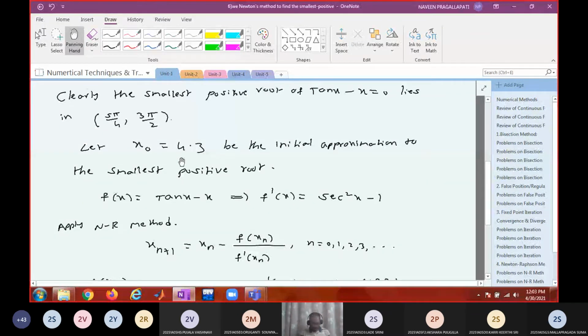What about 4.5? 4.4? What is tan 4.4? Sir, if we take 4.4, the value for f of x is minus 1.3036, sir.